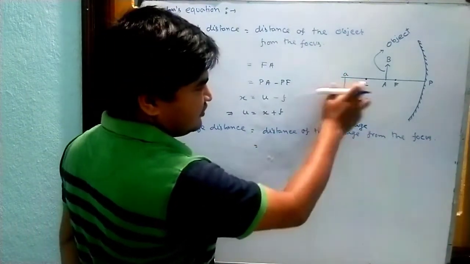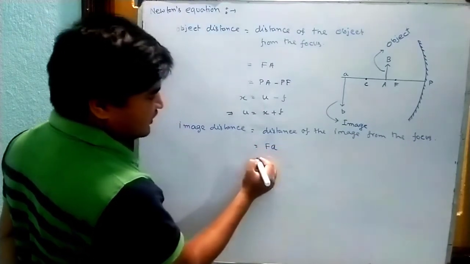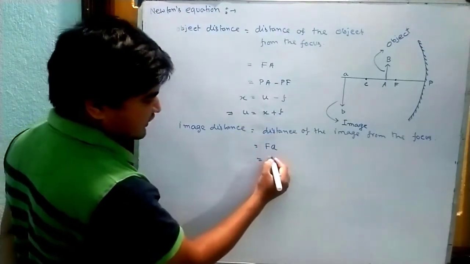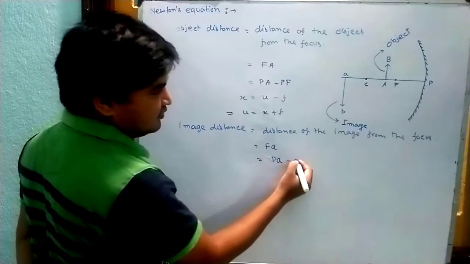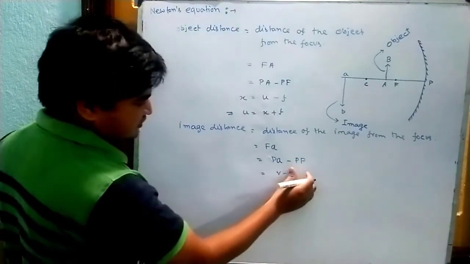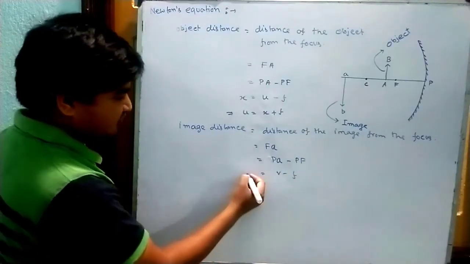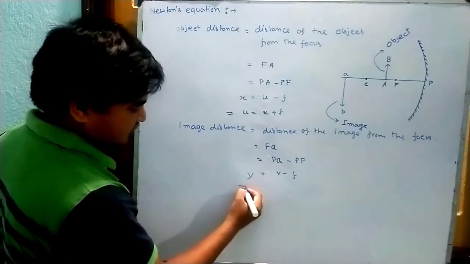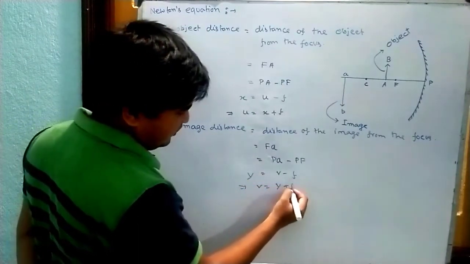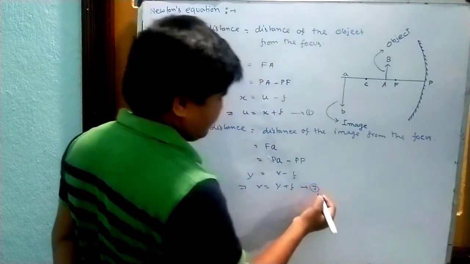We can write it as PA minus PF, that is v minus f. So let's consider this image distance as y. So v equals to y plus f. Let's consider it equation number 1. This is equation number 2.